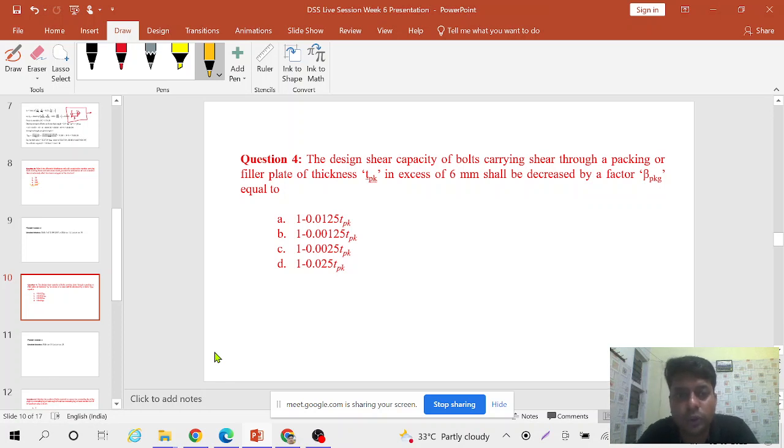Now coming to the fourth question. The design shear capacity of bolts carrying shear through a packing or filler plate of thickness tpk in excess of 6 mm shall be decreased by a factor beta pkg equal to.